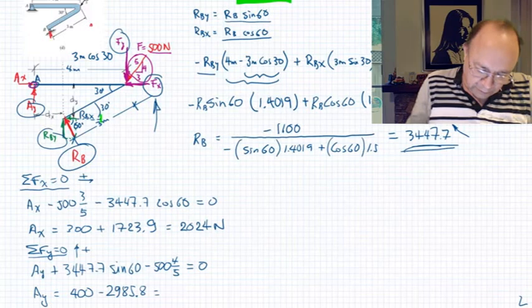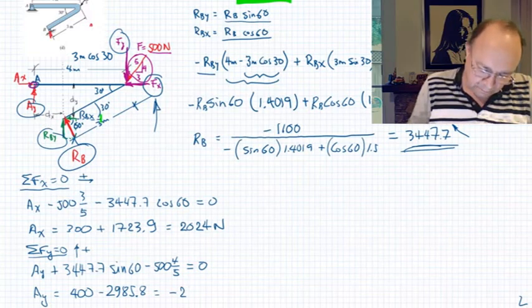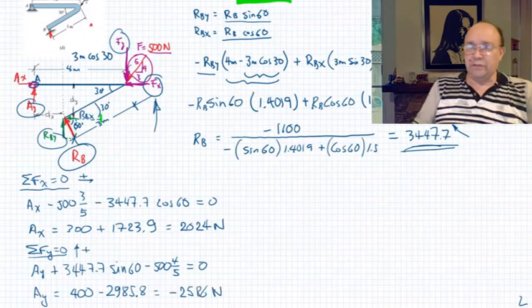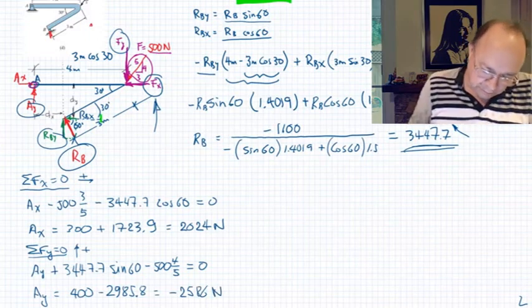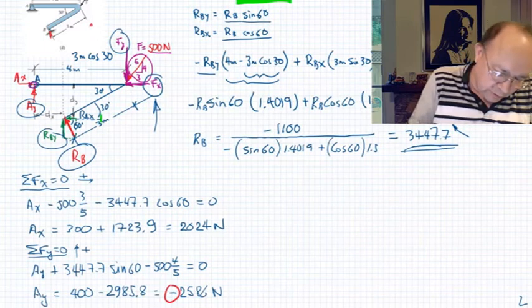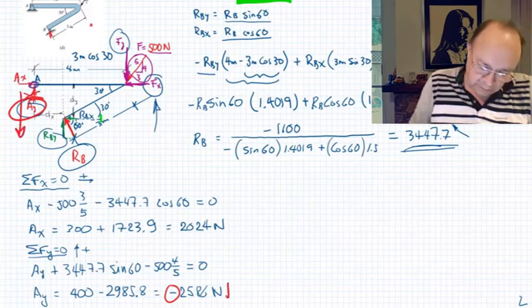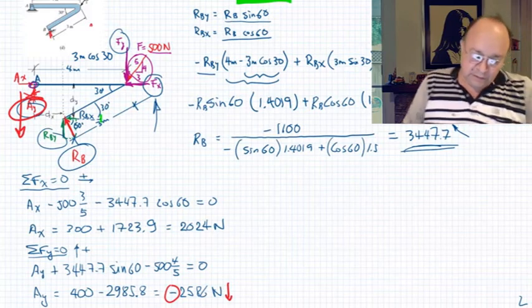So this comes to be negative 2586 newtons. So we got a minus sign here. Therefore, this force Ay was not in this direction as we assumed before. So this is not right. It's actually going down. So this is going down like this.